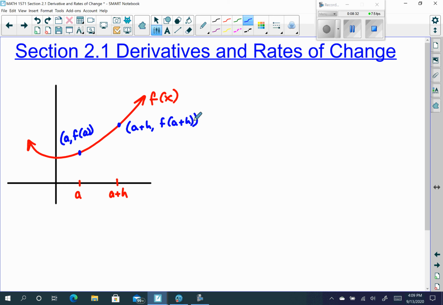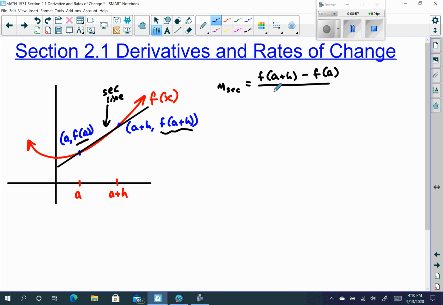Now I showed this to you before in class, but to come up with a secant line, let's go ahead and draw a secant line going through these 2 points. So the slope of the secant line would then just be my y2, which is f of a plus h, minus my y1, which is f of a, all over my x2, which is a plus h, minus my x1, which is a.